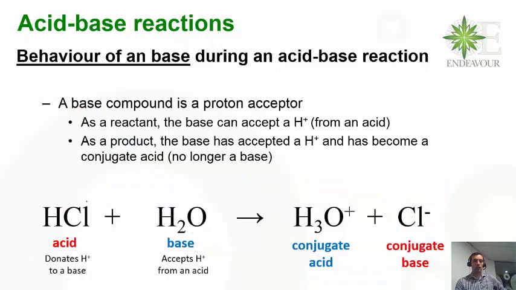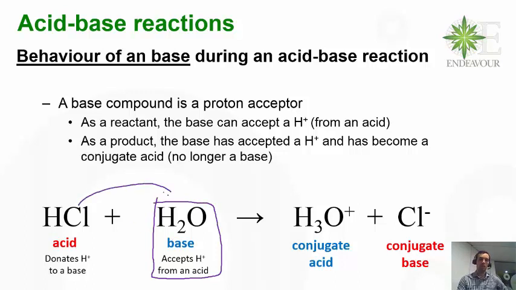So let's focus now on the base and how it behaves. So the base is the part of the reaction that is the proton acceptor. So in this case, it's H2O that's being the proton acceptor. So as a reactant, the base has the capability to accept H+, and it does that by accepting the H+ from the acid, which is HCl in this case.